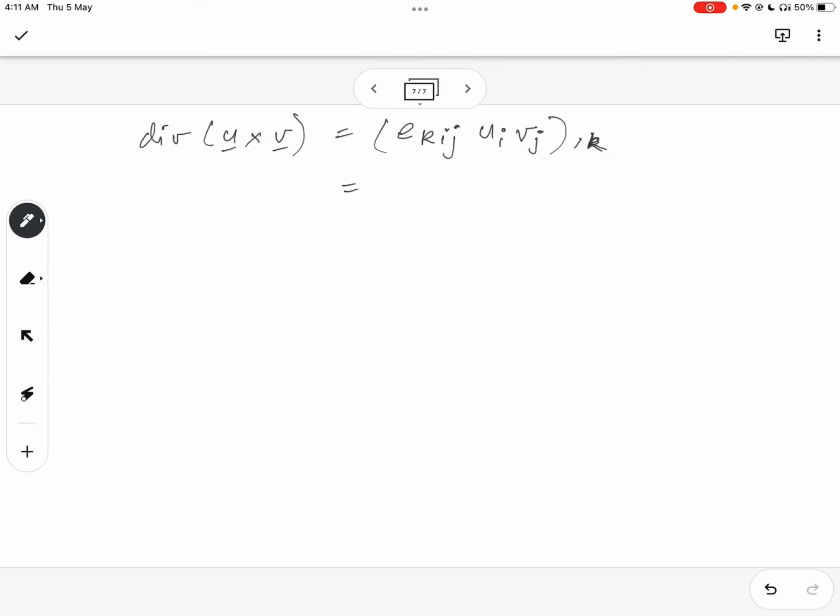So using the product rule, e_kij can be taken outside: U_i,k V_j plus e_kij U_i V_j,k.